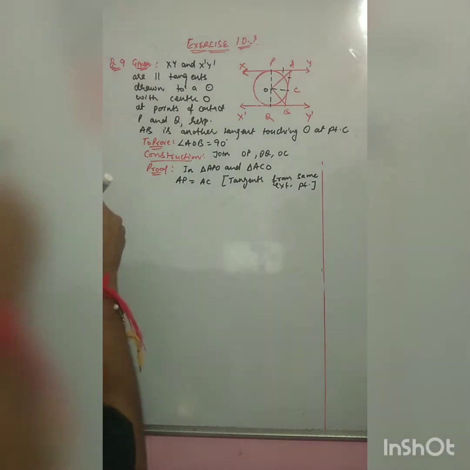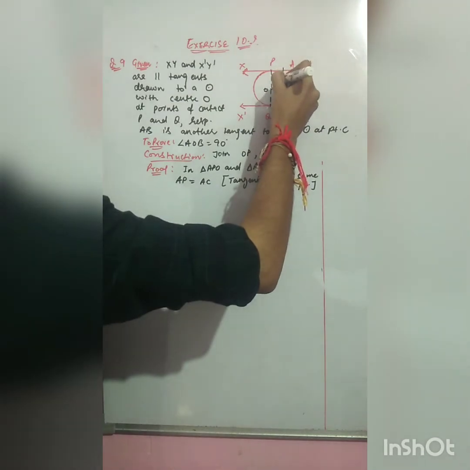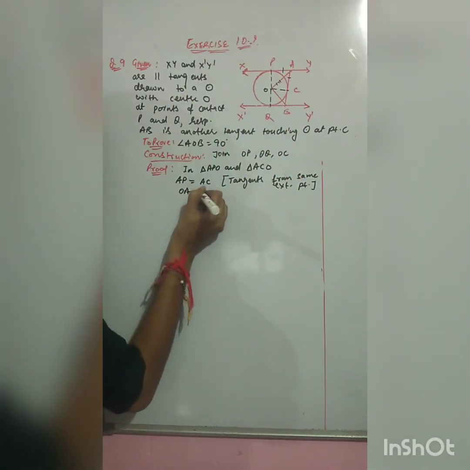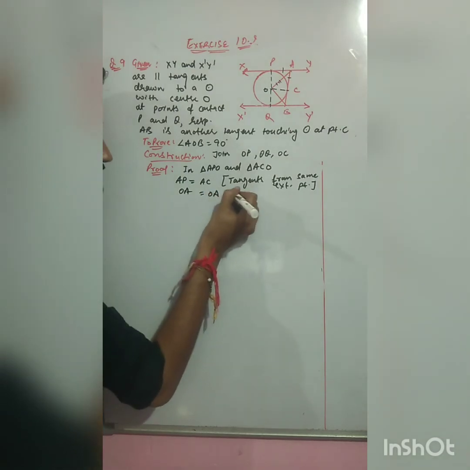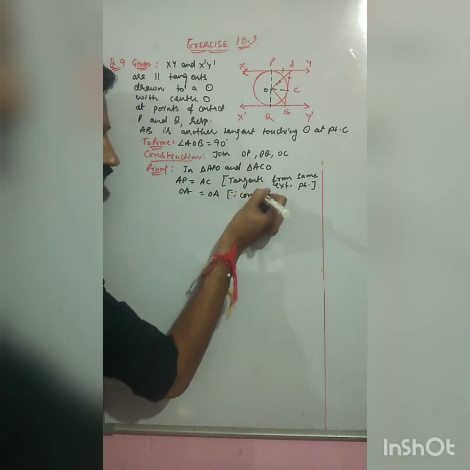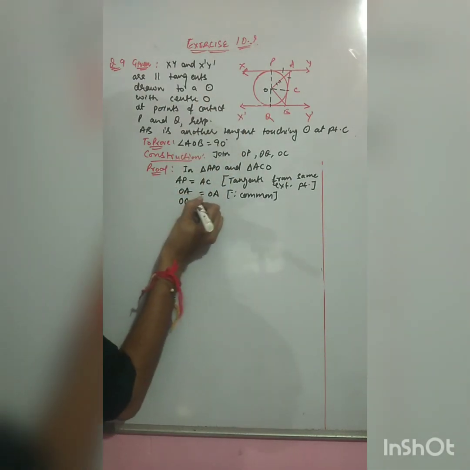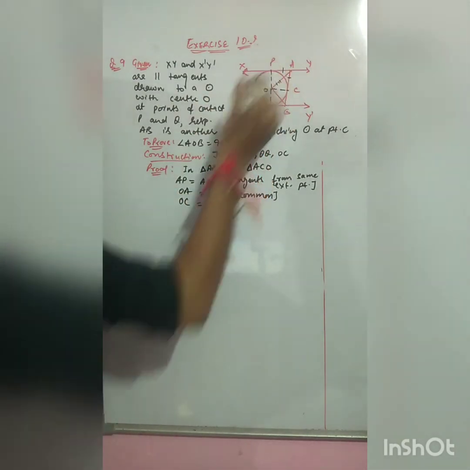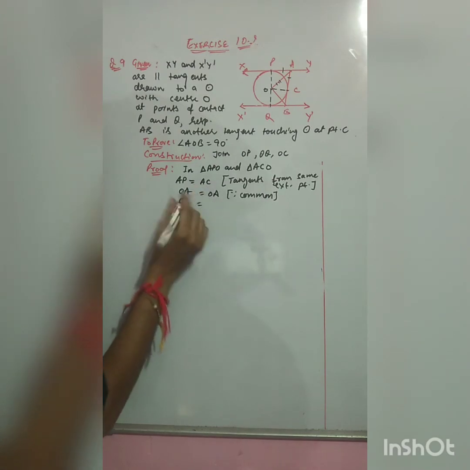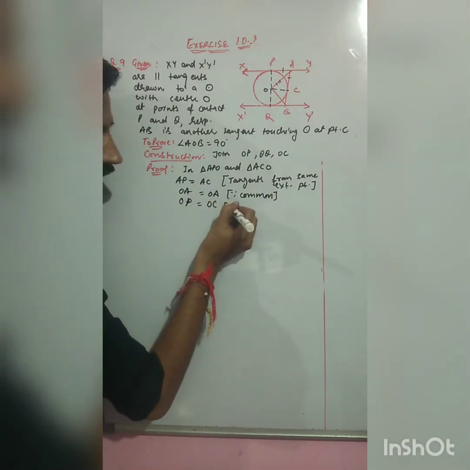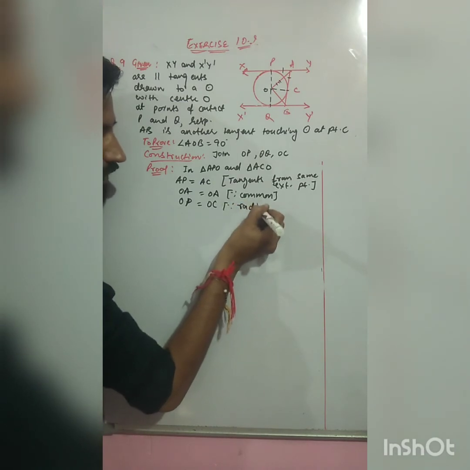OA is common to both, so OA is equal to OA. And OC is equal to OP, because these are radii of the same circle.